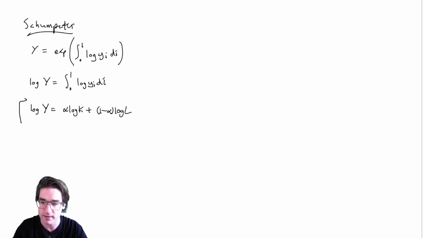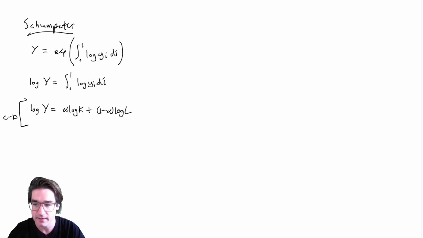This is a sidebar, not applicable to what we're doing, but if you had a Cobb-Douglas production function like K to the alpha, L to the 1 minus alpha, then the logs are the alpha weighted sums of those inputs. Same thing here. It's just in an integral form instead of a sum form, and we have a continuum of products.